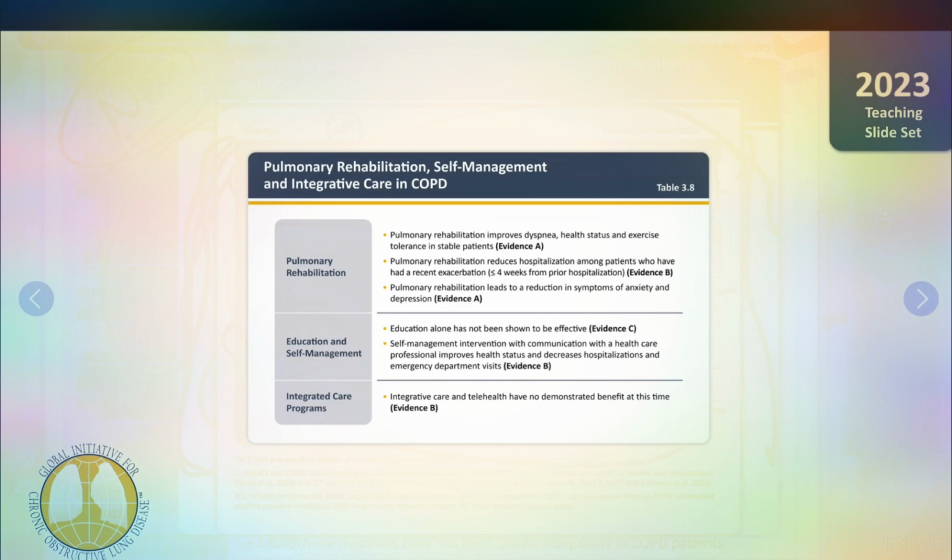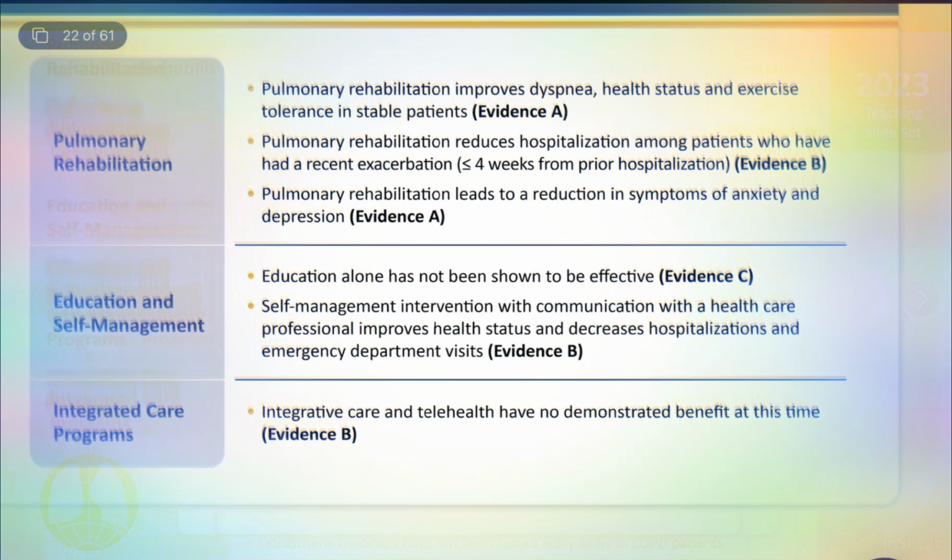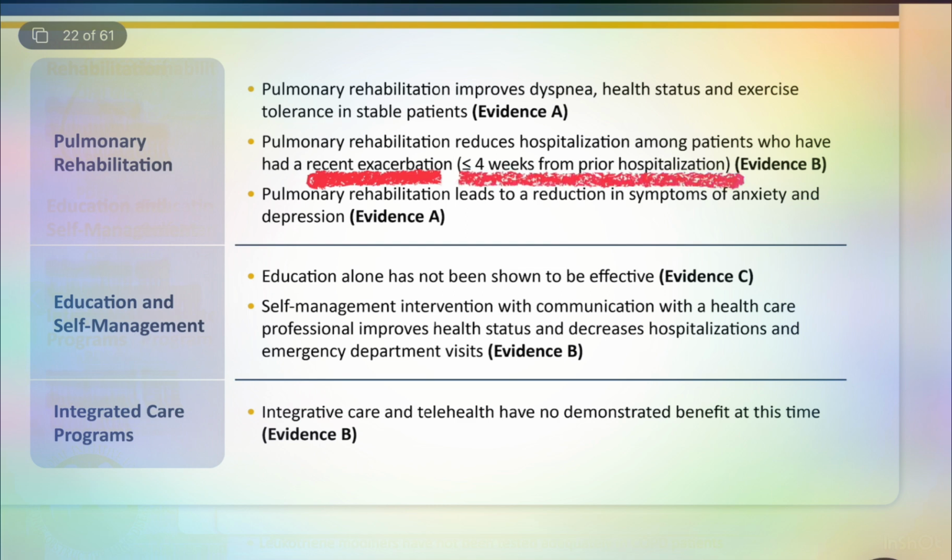What about pulmonary rehabilitation, self-management and integrative care of COPD? They are telling about pulmonary rehabilitation. Pulmonary rehabilitation improves dyspnea, health status, and exercise tolerance in stable patients. Then they are saying pulmonary rehabilitation reduces hospitalization among patients who have had a recent exacerbation, meaning less than 4 weeks from prior hospitalization.